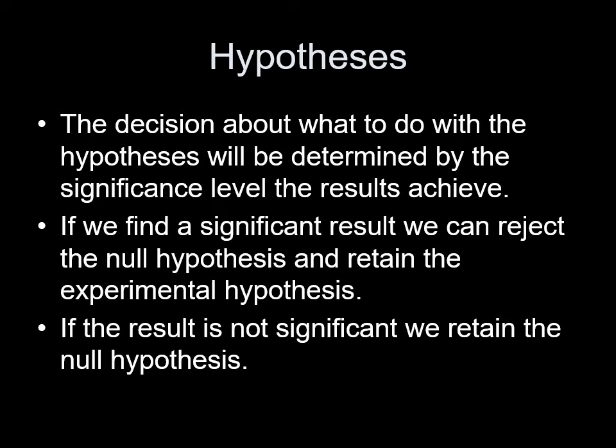If the result is not significant, we keep the null hypothesis. So we take the view that the IV doesn't actually affect the DV, and we got the hypothesis wrong and we've been disproven, okay?